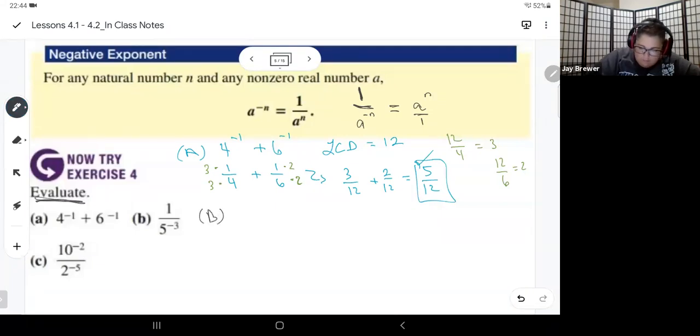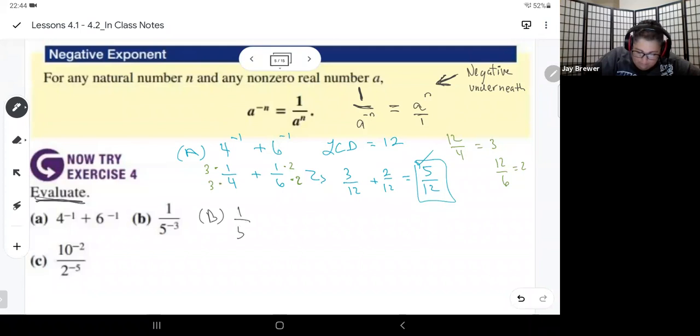B is more like this second one here. So take a look at that right there, the one that I wrote. Negative underneath to the top.